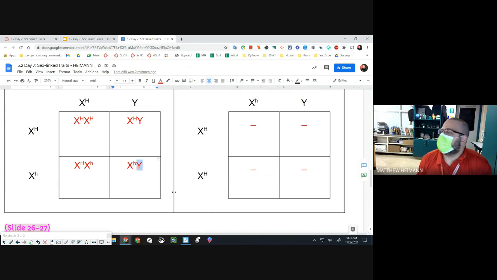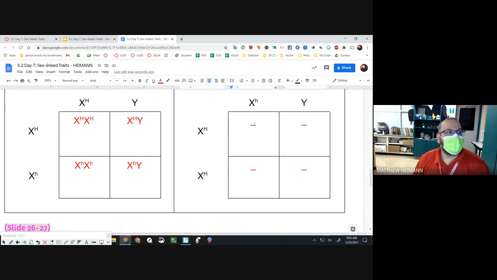If it's a male with a lowercase h or a female with two lowercase h's, then they'll have it. Does that make any sense? If it has a capital at all, they won't have hemophilia. So they have to have two lowercase h's. So this would be a female with hemophilia. This would be a male with hemophilia.